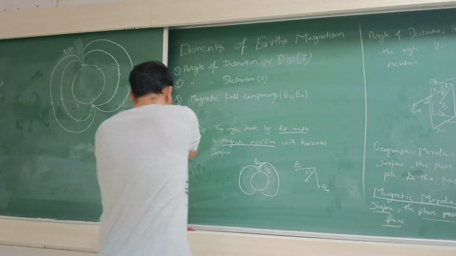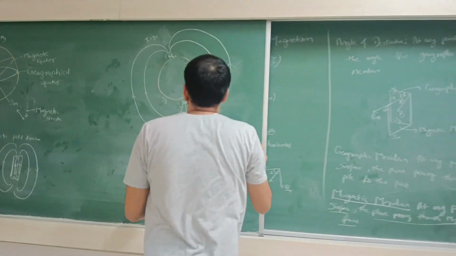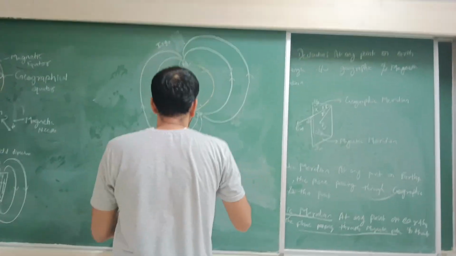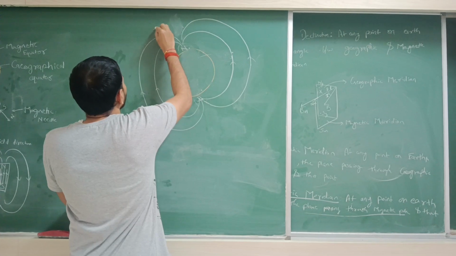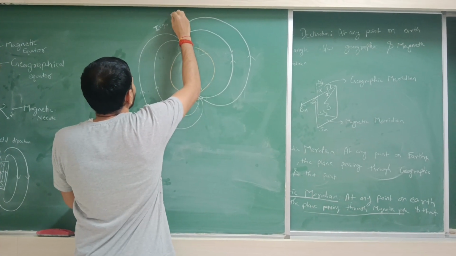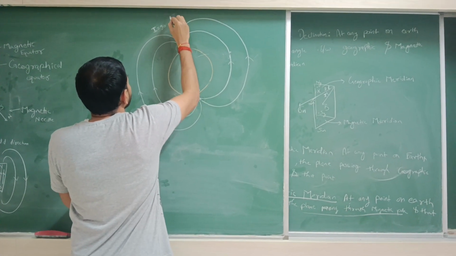Now something I need to explain is that at the magnetic north pole, the angle of inclination, the angle of dip, is 90 degrees.